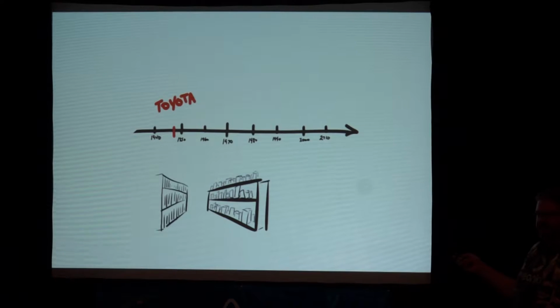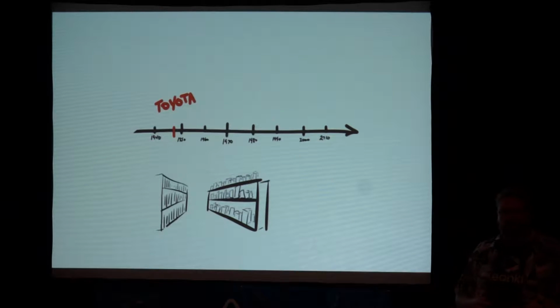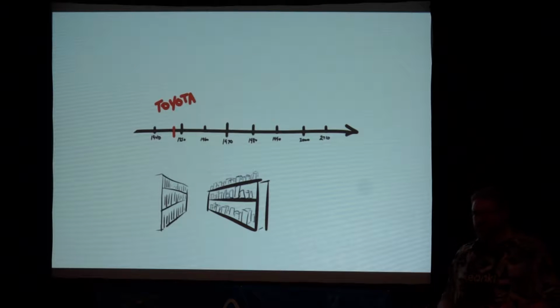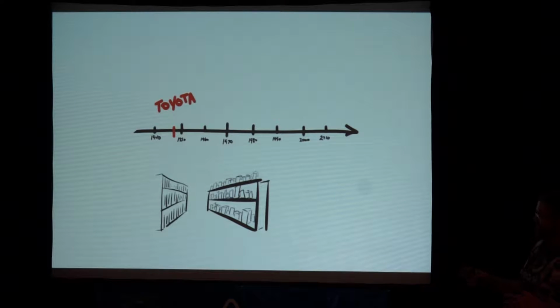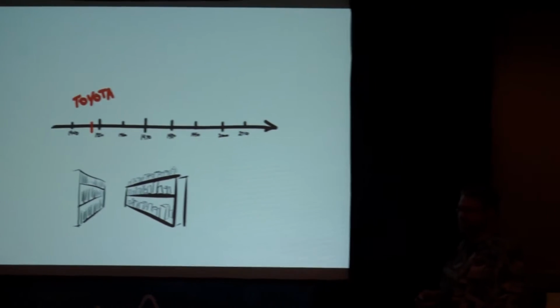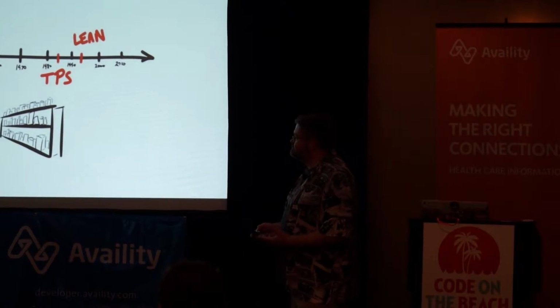One of the interesting things that they analyzed when they came to America was our grocery stores and how grocery stores managed inventory, with just-in-time replenishing of inventory, and ways of signaling when things needed to be restocked.